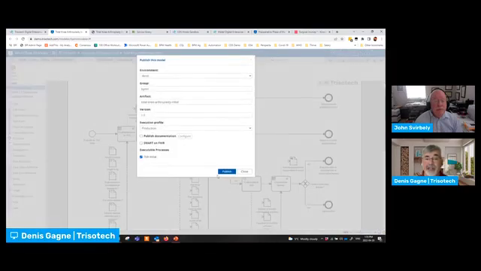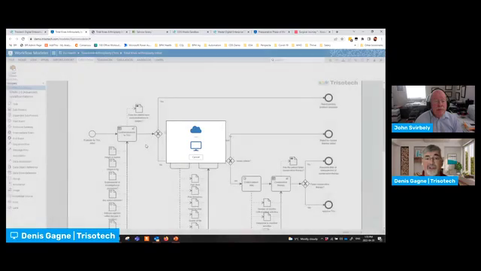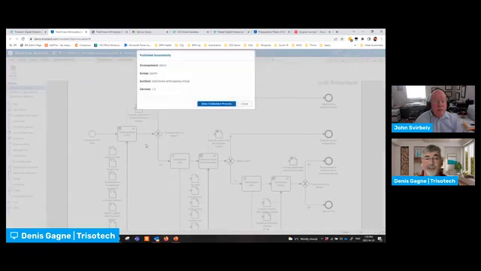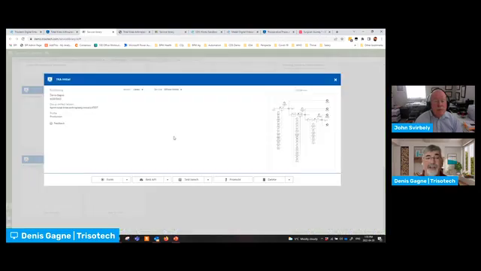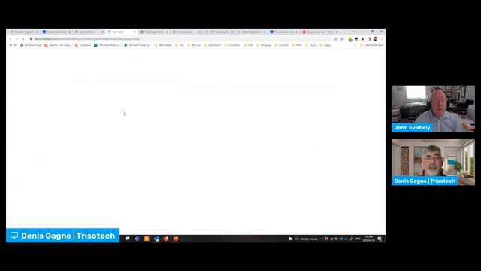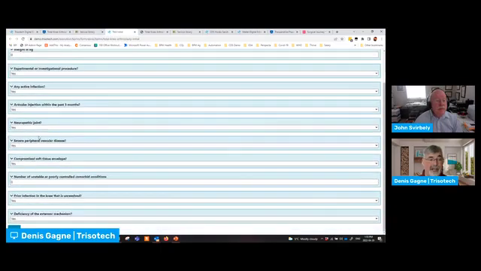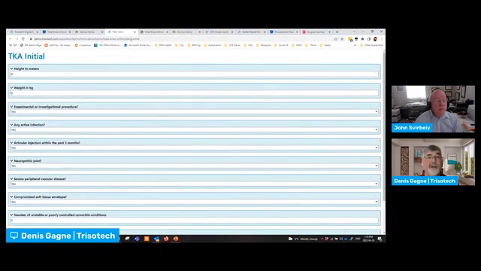And when I go to publish this model, it will generate a service for this model. So basically an executable service. So the tool generated on the fly a form, an HTML form that I can actually use to execute the model.